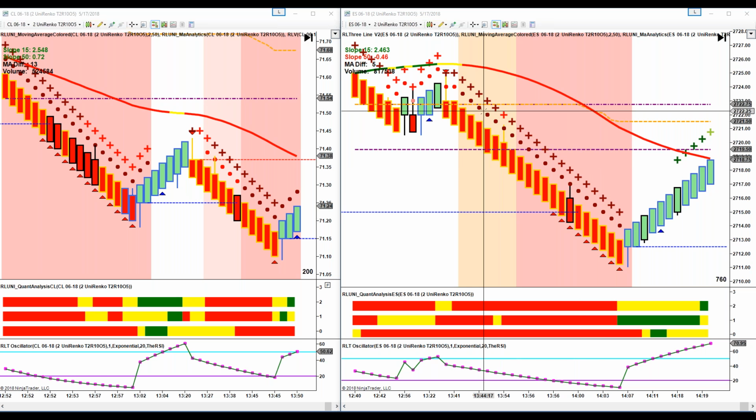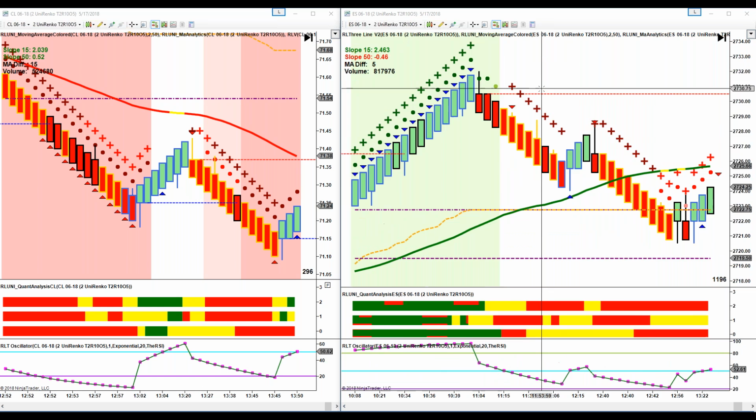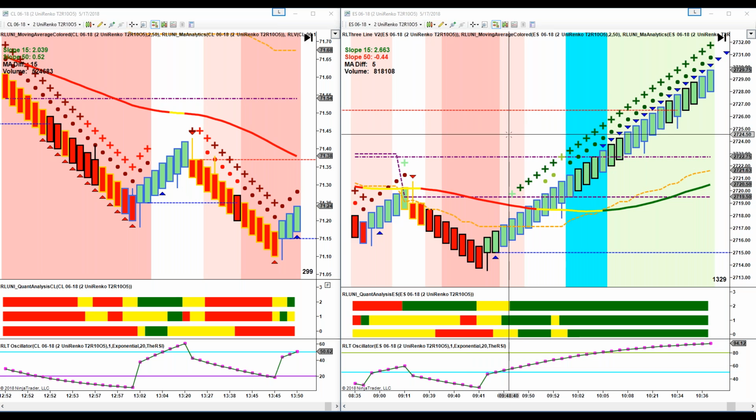When the 15 hasn't crossed the 50 yet to the downside, but they're both red and price is below the 50, you get this tan color. When price is below the 50 and the 15, and the 15 has crossed the 50, but the 50 is yellow, that shows you have a definite strong down bias, but you don't have a strong trend. So you get the lighter pink color.